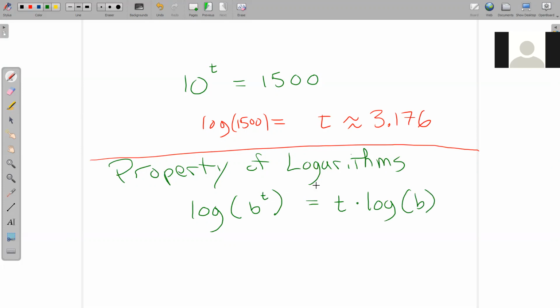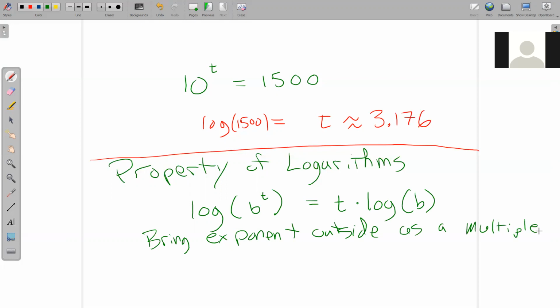So they bring the exponent outside as a multiple. And you might wonder, well, who cares? Why do I need that? And the reason we need that is the base isn't always 10. If the base is 10, it's a super easy translation from the exponent to the logarithm. If the base isn't 10, it's a little trickier. And this allows us to do any base, not just 10.